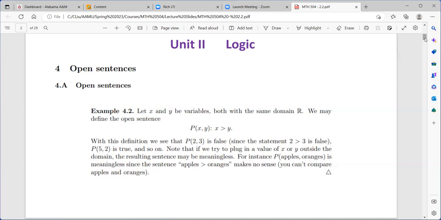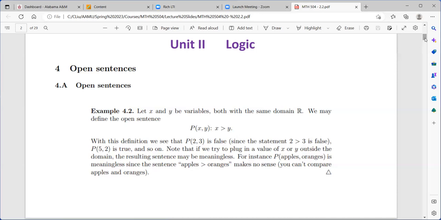But if you change those variables to specific numbers, then it becomes a statement because you can tell whether it's true or false. So if we write p of 2, 3, that means x equal to 2, y equal to 3, then the open sentence x greater than y becomes 2 greater than 3, which is false.